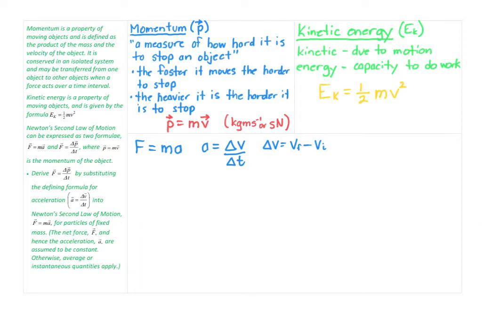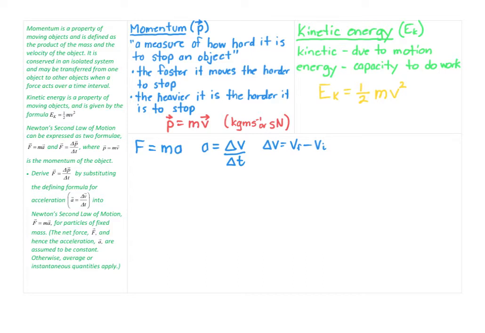Basically that means the faster it moves, the harder it is to stop. That sort of makes sense. And the heavier it is, the harder it is to stop. So if we think about that mathematically, momentum is the product of the mass and the velocity. So momentum equals mass times velocity.